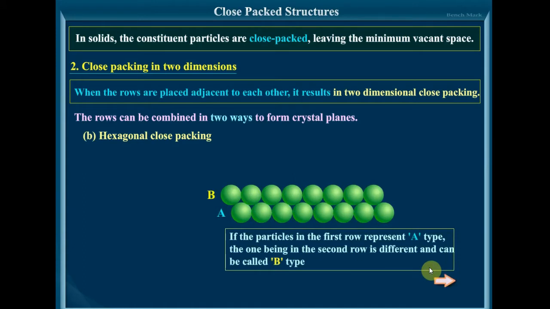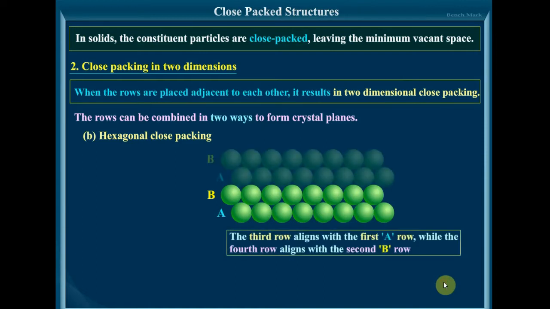If the particles in the first row represent A type, the ones in the second row are different and can be called B type. The first row is A type, the second row, placed in the depression, is different, so it is B type. The third row, when it is placed in the depressions, aligns with the first row.